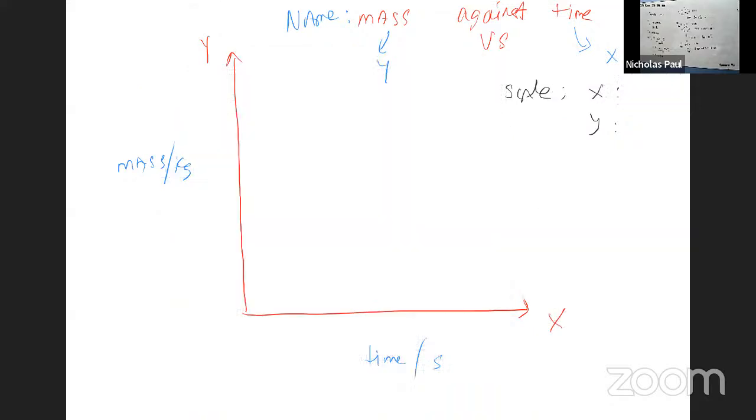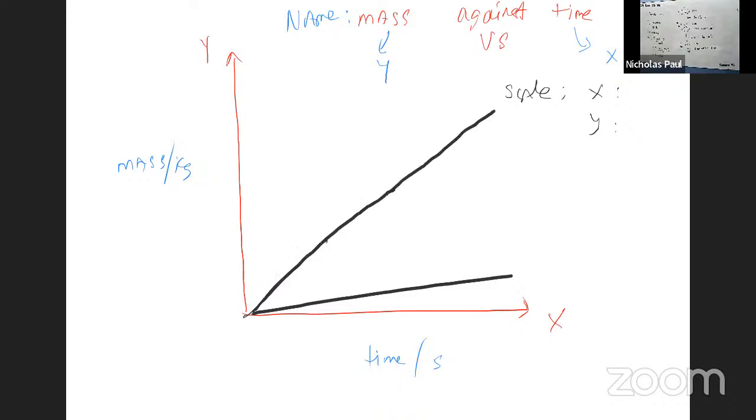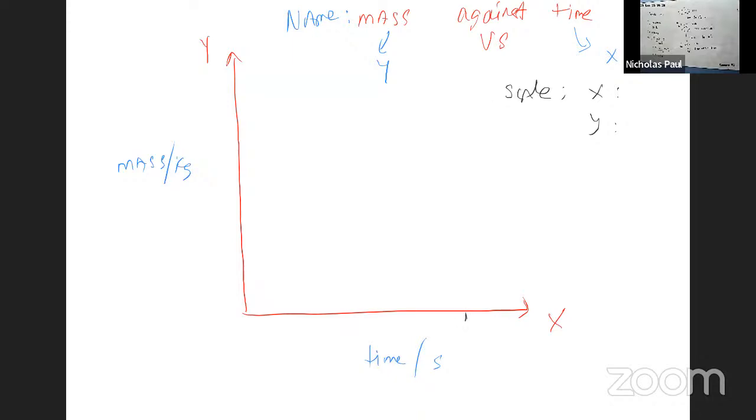You don't want your graph to start and stop right there. The graph has to go to, some people will say more than half, but 2/3 is the best thing, right? At least 2/3 of a page. Pick up your whole page, perfect. Everybody okay with that? So your scale has to be designed so that your last value is like all the way here.